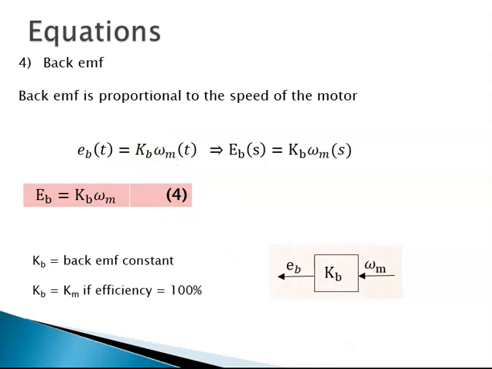So with this, we can write one equation as EB is KB into omega m as the input, KB is the constant, EB is the output. You can note and derive that KB is equal to Km if the efficiency of conversion of electrical energy to mechanical energy is 100%.